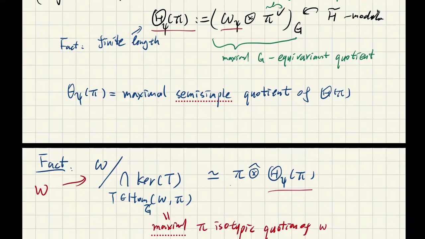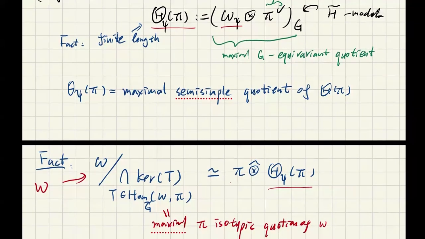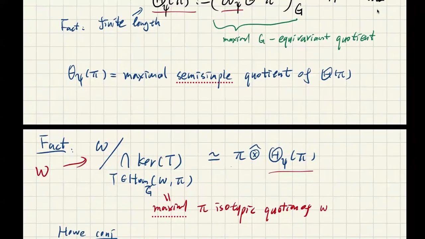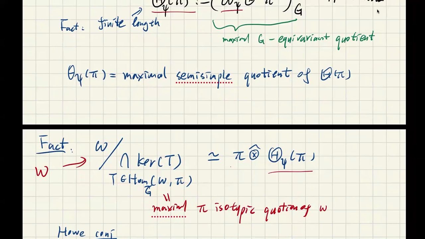This intersection is obviously closed, since the intersection of closed sets is closed; I mean the kernel of the smooth homomorphism. Omega is a Fréchet representation, and pi is a Casselman-Wallach representation. Let's not be so strict on the topology.